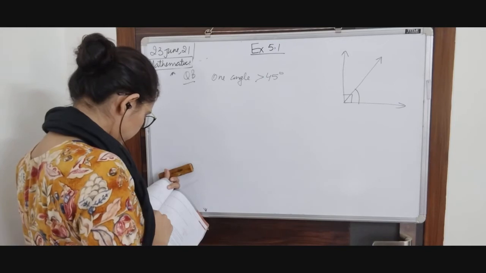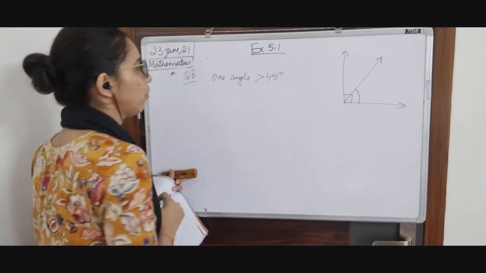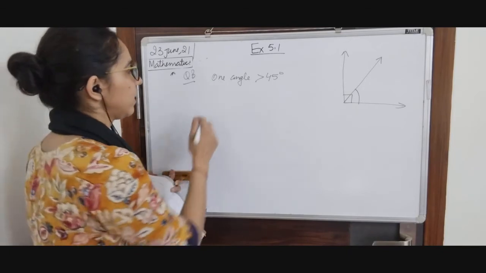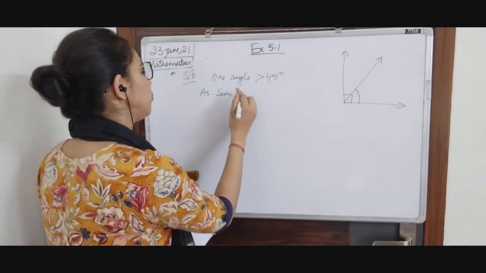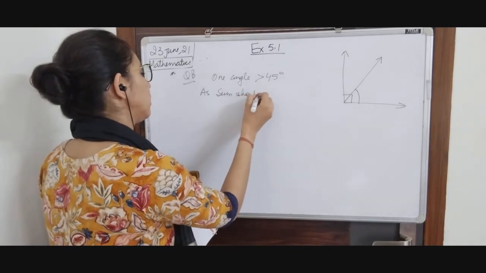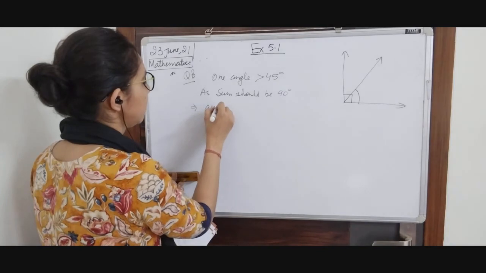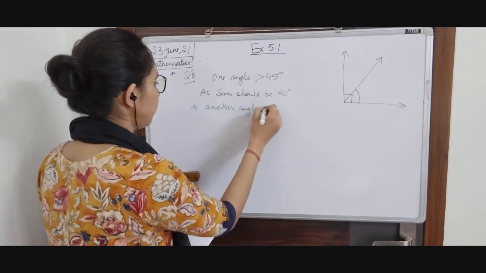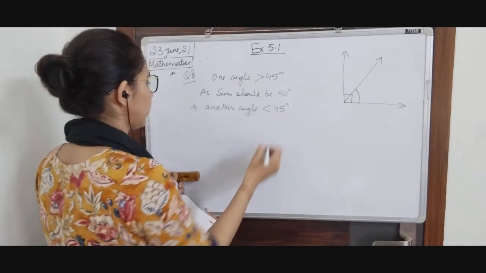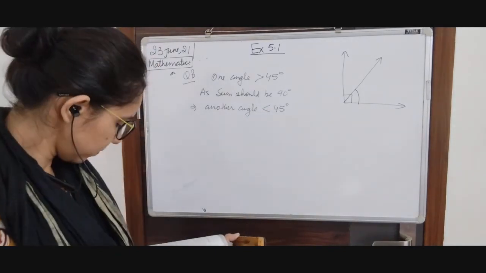Is its complementary angle greater than 40, equal to 40 or less than 40? The sum should be 90, which implies the other angle will be less than 45, because 45 is the mid.